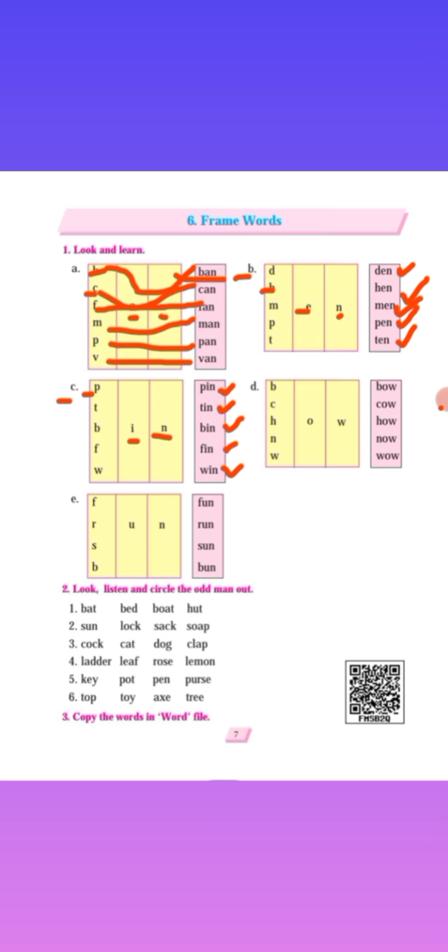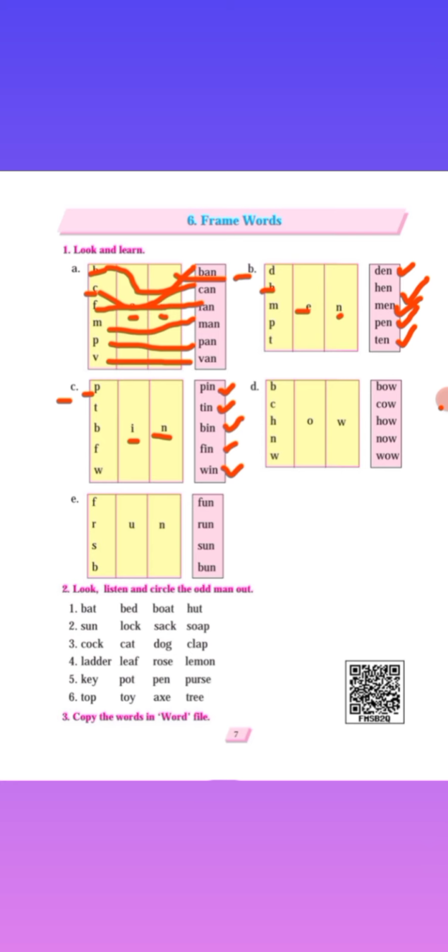Here the vowel given is O and letter W is given. So we have to make a word from B O W, bow. बाउ बोलते हैं, नहीं तो बो बोलते हैं उसे. Okay, BOW बो.